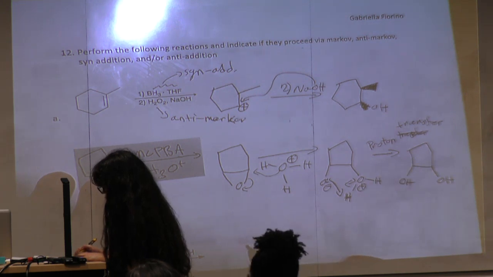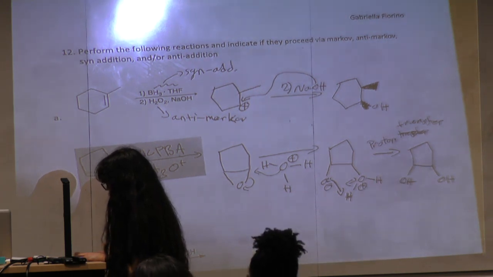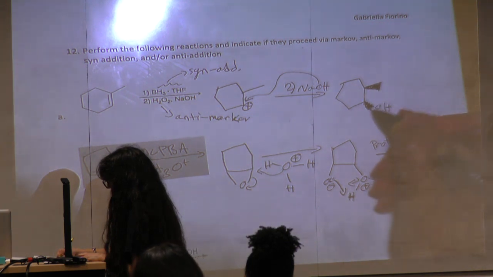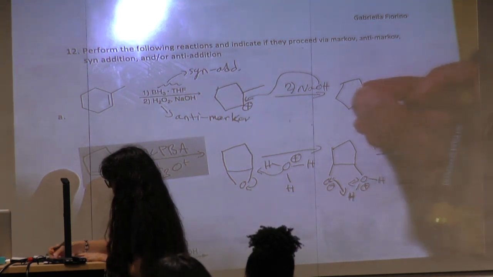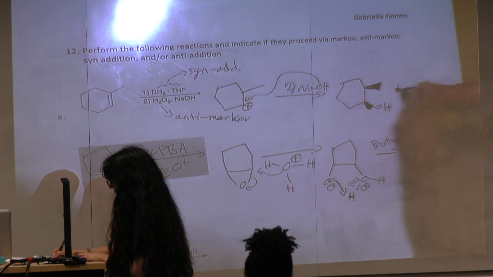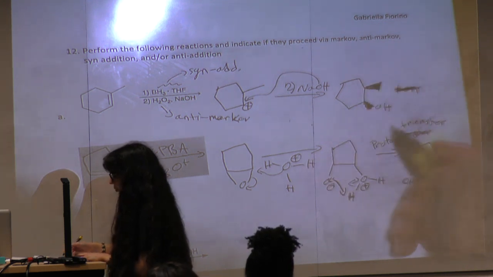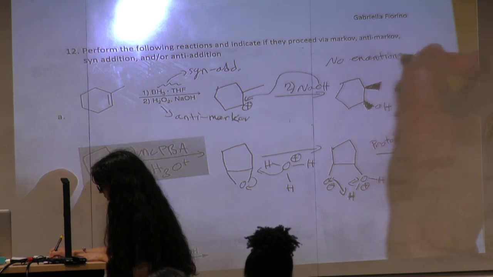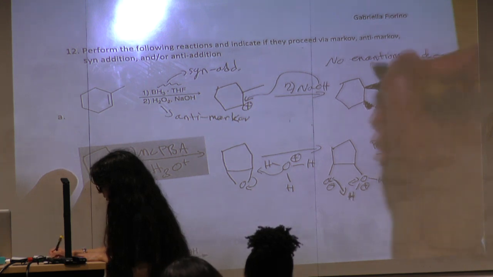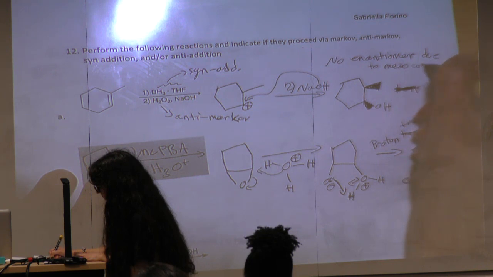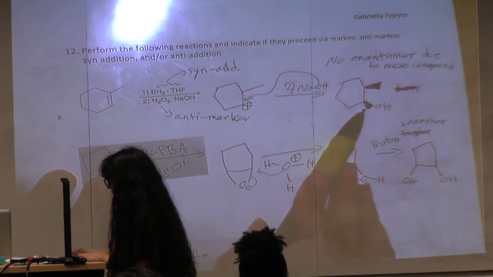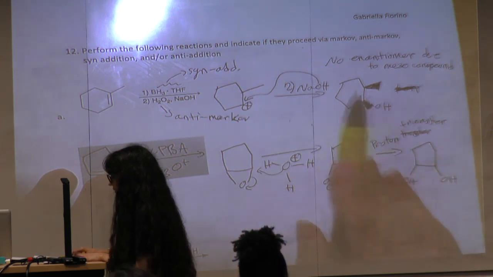And then we won't have plus enantiomer, because if we flip it, it's just going to be a meso compound. So no enantiomer due to meso compound. So there'll either be both wedges or both dashes, but you won't have this plus its enantiomer.